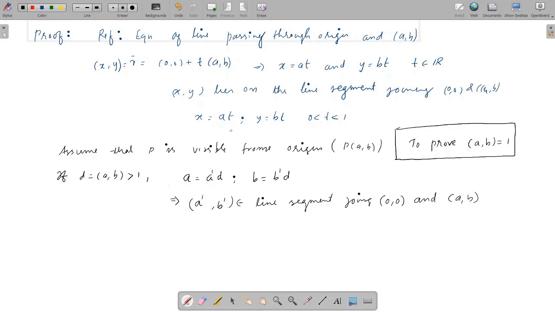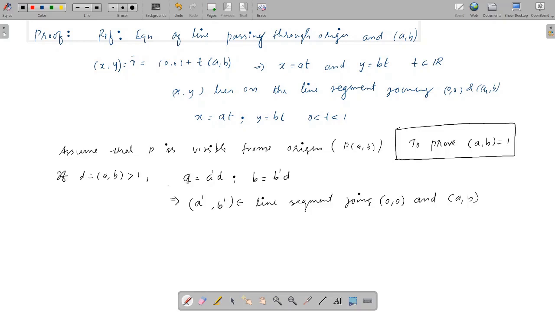This is using this reference. We know that whenever you write x equal to AT, y equal to BT, with this condition, you can say that this x comma y lies on the line segment joining these. Clear? So here you can write A prime is equal to A by D.